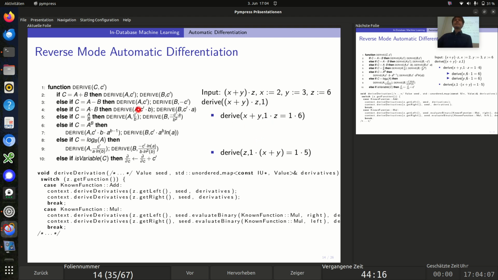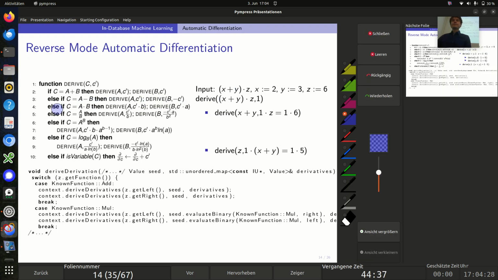And remember the seed. So the seed is always the partial derivative you're propagating, and also attached is always the seed. Like here, the first time was like a times b, and what we do is like the original c by the evaluated statement of b.